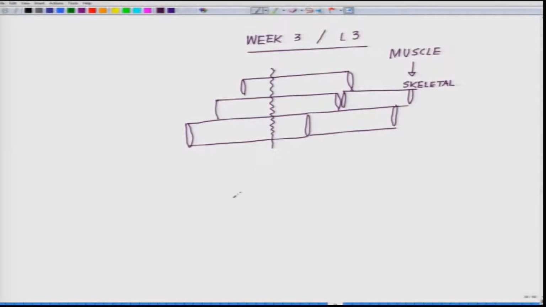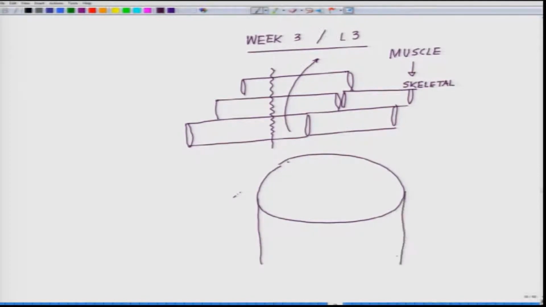After giving a cut, I am now changing the angle, making it at 90 degrees. Once I make it a 90 degree angle, you will see the face of it, how it looks. The face of the muscle will look very similar to what I am going to draw now.